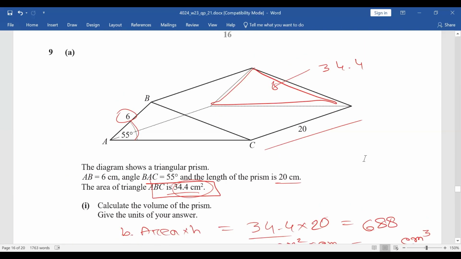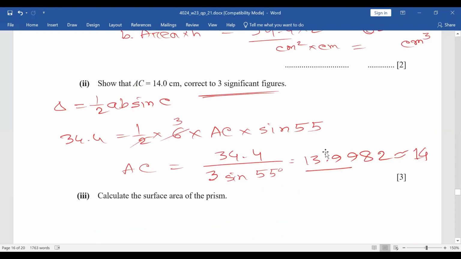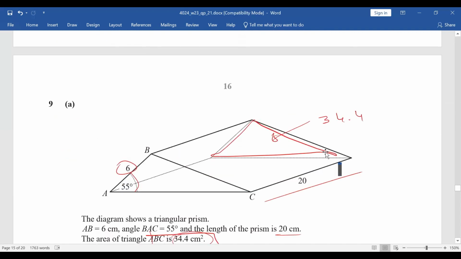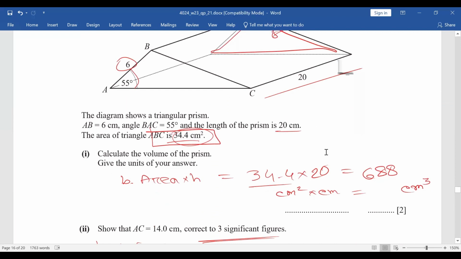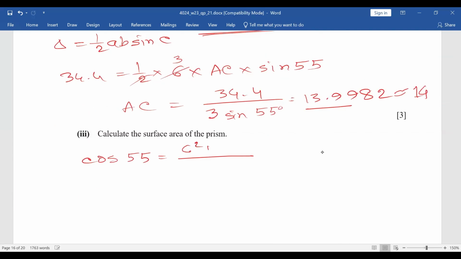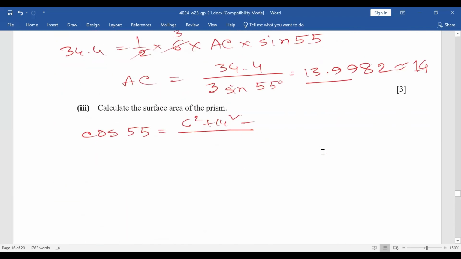We can use the cosine formula, the cosine law, to find the length BC. Okay, so cos 55 equals 6 squared plus 14 squared minus BC squared, divided by 2 times 6 times 14. We found that the length AC is 14 centimeters.